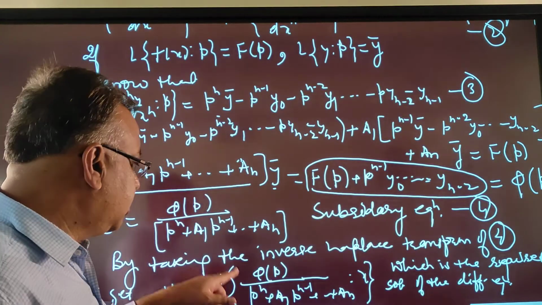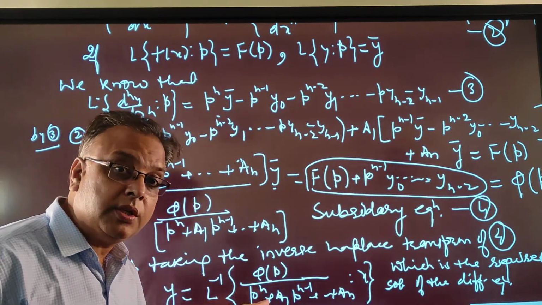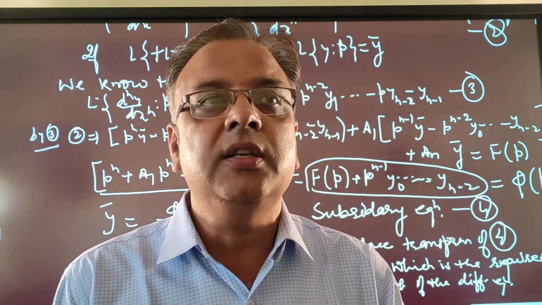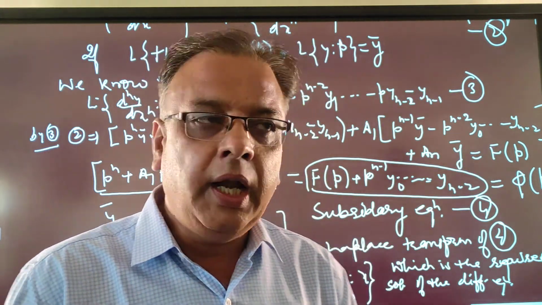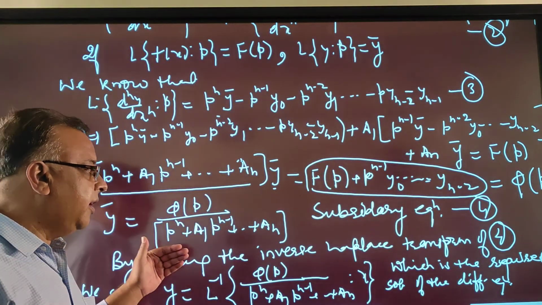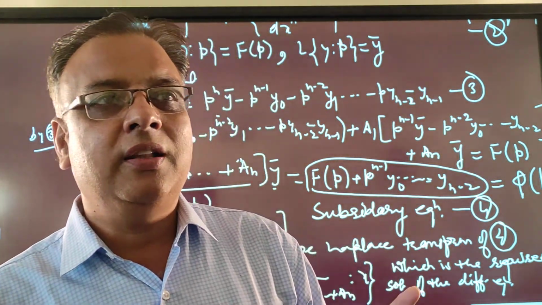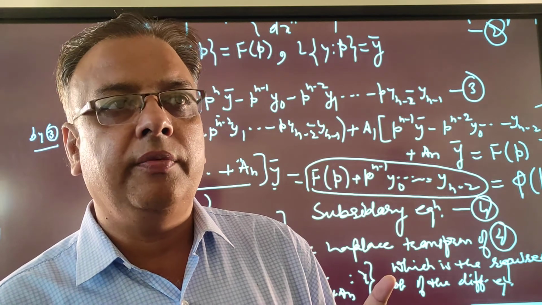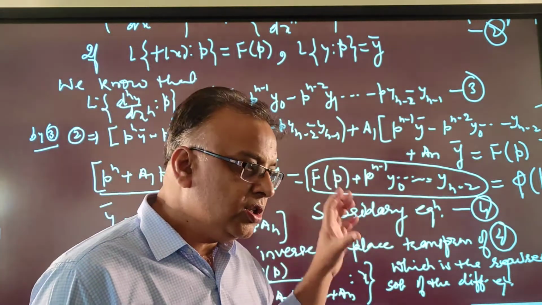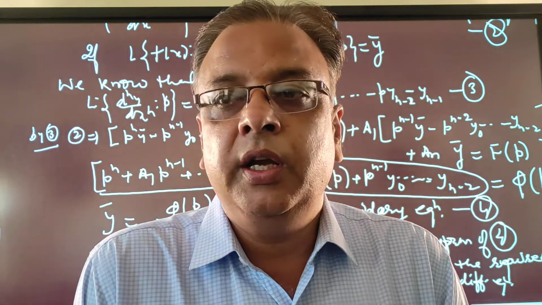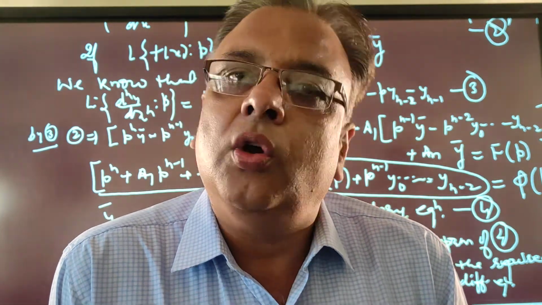Then we get the subsidiary equation, which is in terms of y bar, the Laplace transformation of y. Finally, if we take the inverse Laplace transformation of the subsidiary equation, we get the required solution of the ordinary differential equation. So, this is the method to find the solution of a given differential equation with constant coefficients.